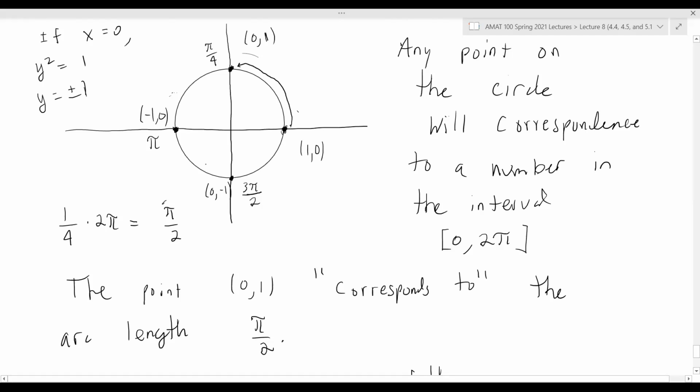That means you traveled an arc length of 4 pi, but 4 pi really just corresponds to that same point. So in some sense, we have a bigger number than we need. So we want to talk about a reference number. So this is where the correspondence breaks down.